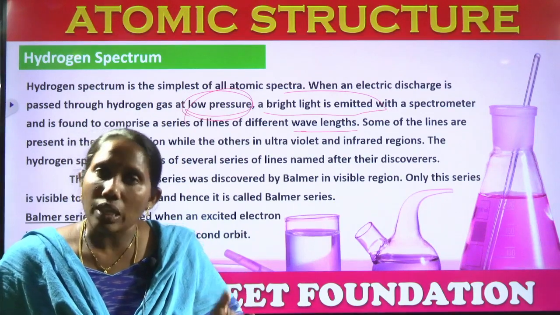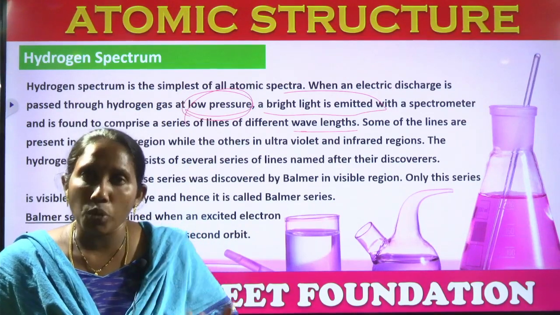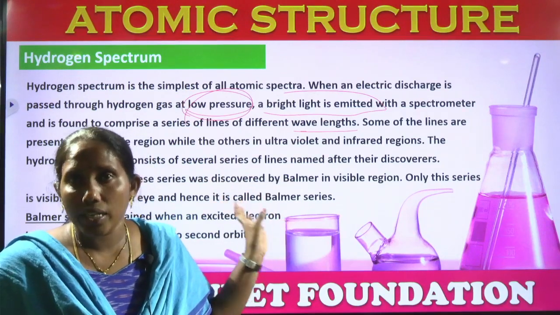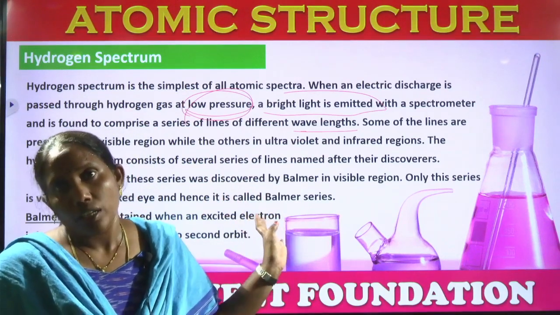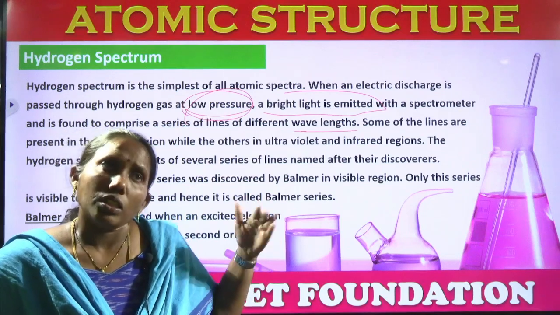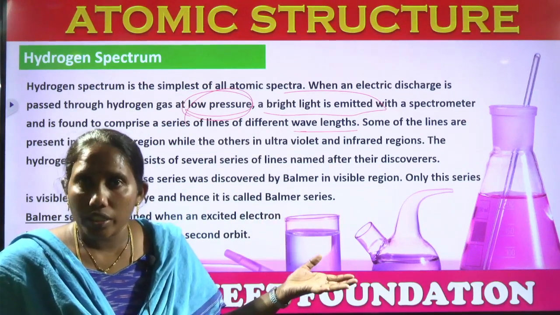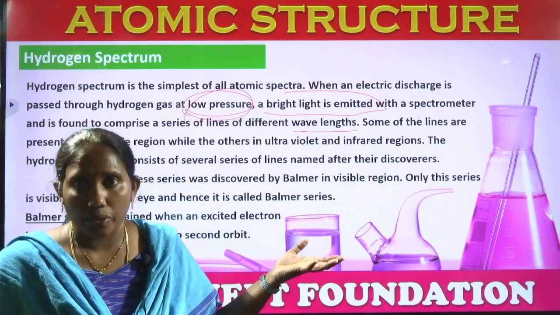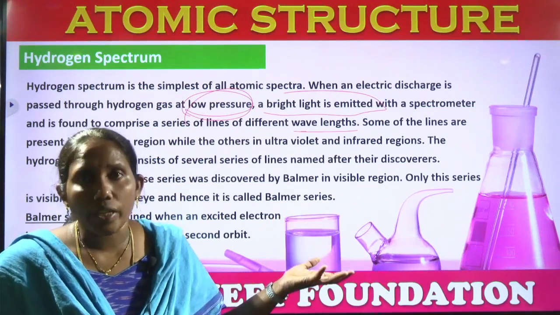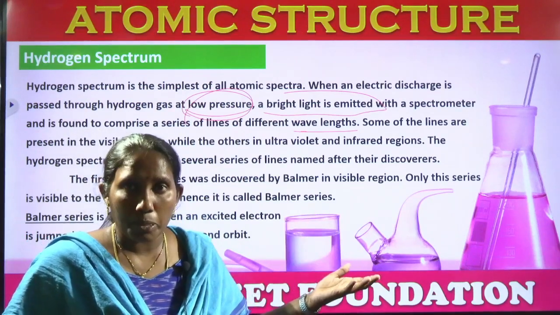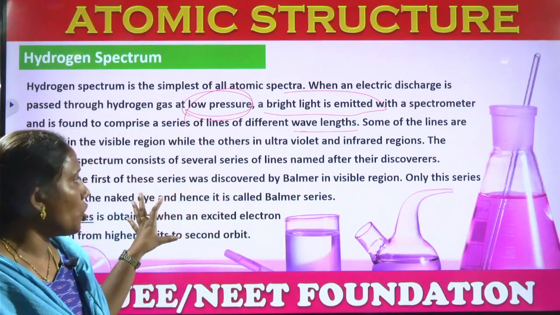3600 angstroms to 7000 angstroms is the range we are able to see. So these VIBGYOR colors, these spectral lines, we observe in that wavelength range. Some other spectral lines also fall in the infrared region, UV region, like that, so we are not able to see those with our naked eye. These are different types of spectral lines, but these we are able to see.